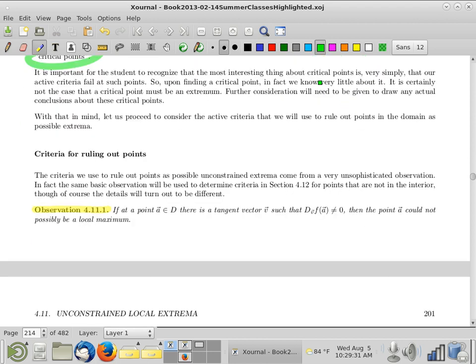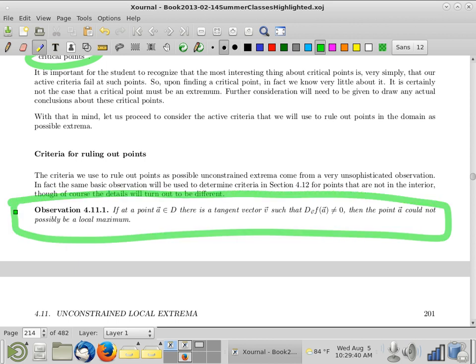Okay, so let's talk about multivariable optimization now. Here's how we're going to eliminate points. Some point A, we want to consider the possibility, maybe that's a maximum? Hope that you can find a tangent vector such that the directional derivative is non-zero, and then argue just as we did in the single variable case that, well, then that can't be the maximum.